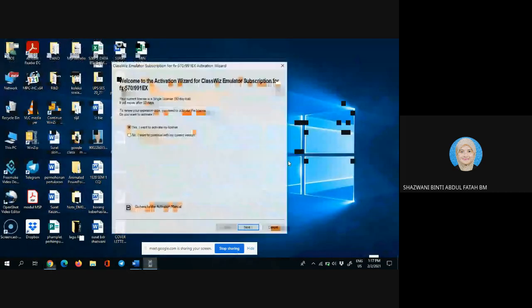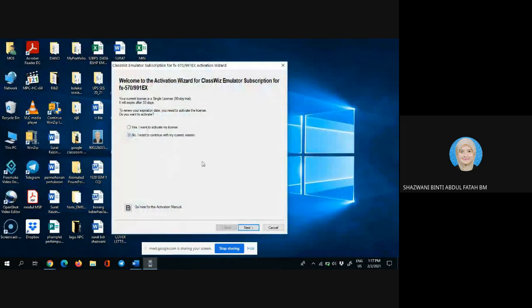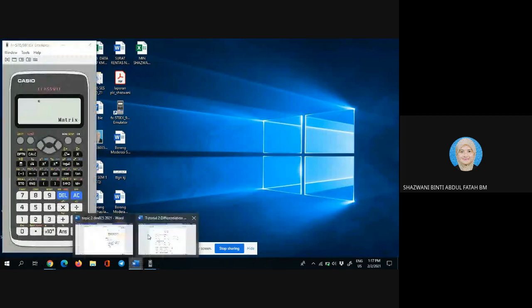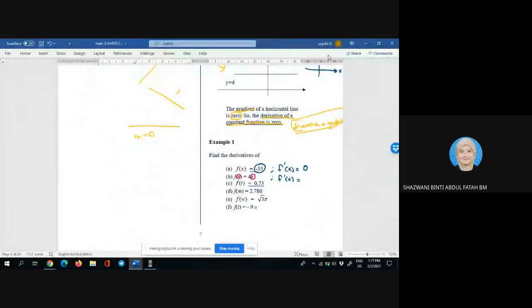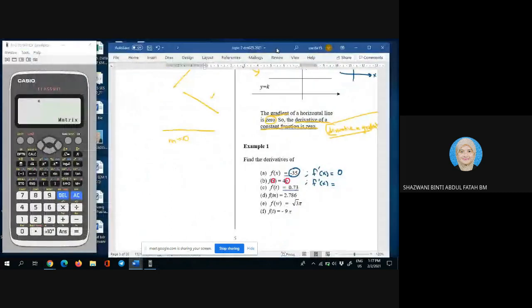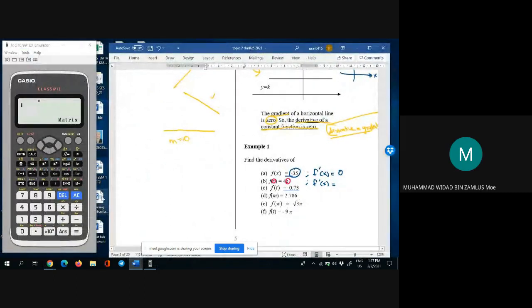E tu berapa nilai dia? 2.718. So e tu bukannya variable.